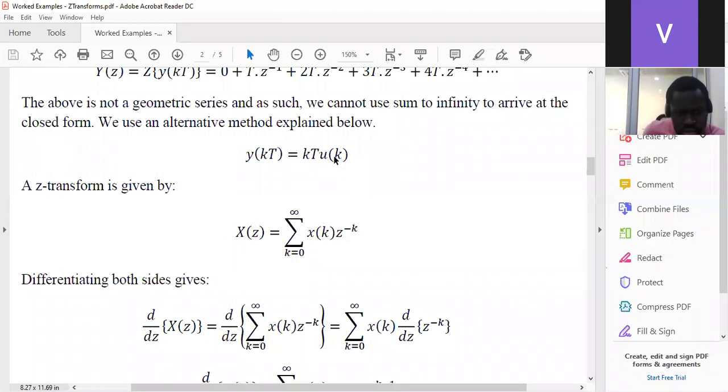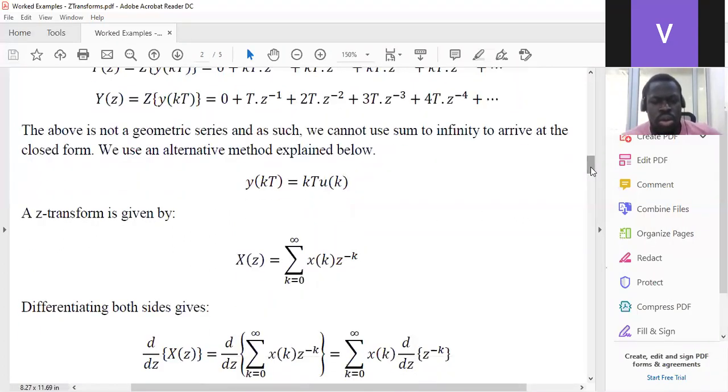If you differentiate a unit step, you will get a unit ramp. So the reason why we differentiate is that we want to get the unit ramp. Normally, when you differentiate a step signal, you will get a ramp signal.